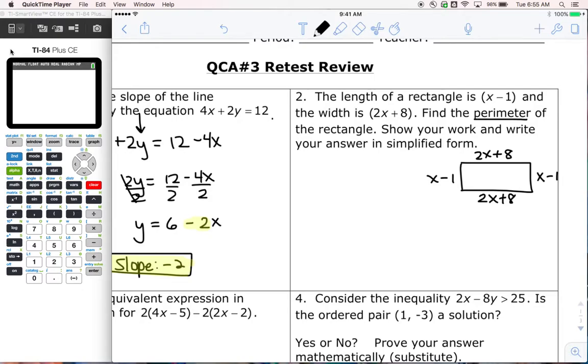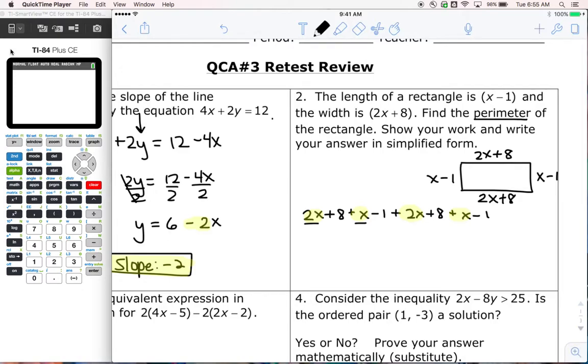So I'm going to make a really long statement here. I've got 2x plus 8 plus x minus 1 plus 2x plus 8 plus x minus 1. We've got 2x, x here, and an x here. So that would be 2 plus 1 is 3, plus 2 is 5, plus 1 is 6.